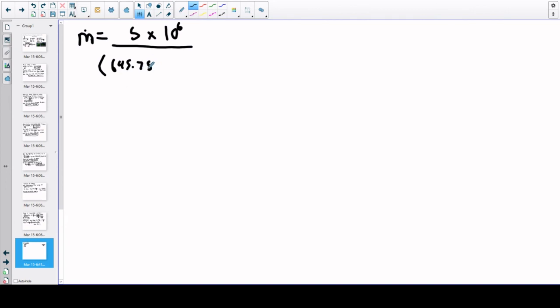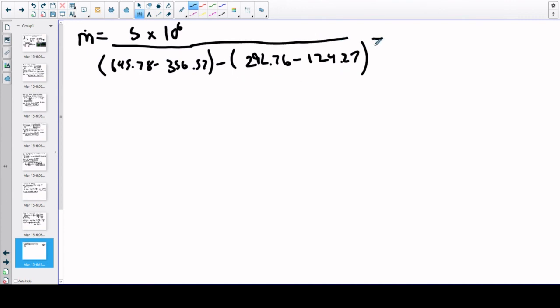So that's H3 minus H4, minus H2 minus H1. Once I finally get around to writing this, we'll end up getting a number, and that number is the mass flow rate.